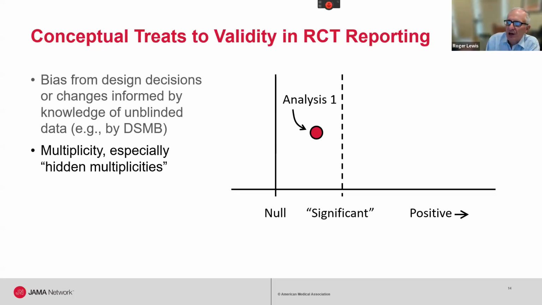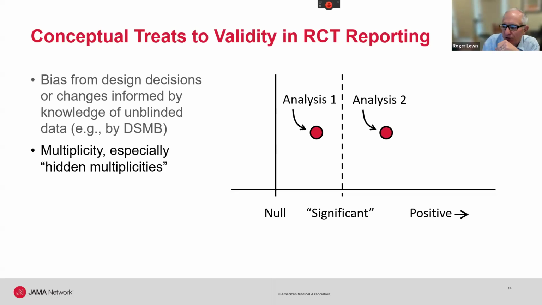So picture, for example, a trial in which the primary analysis, when it's run, misses significance. So analysis 1, which was the pre-specified analysis, gives you a result that's between null and significant. But it turns out that if you look at a different endpoint or you adjust for different variables or exclude the people who are enrolled on Thursday, you can actually get a significant result.